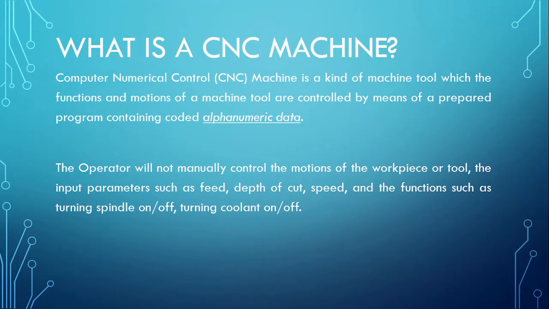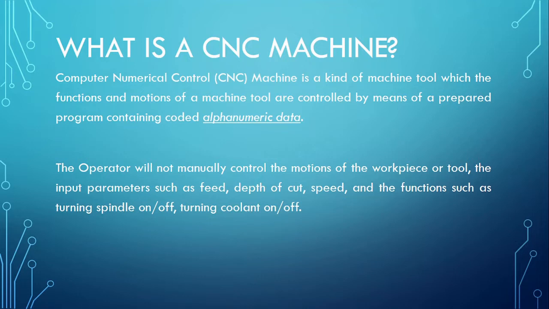What is a CNC machine? Now, before the introduction of automation into manufacturing, when a part is to be manufactured, machine tools are controlled manually by machine operators, which means every operation of the machine has to be dictated by the operator, particularly the feed rate, the depth of cut, the speed, and other functions that have to do with the spindle being turned on or turned off, coolant being turned on or turned off, are to be controlled manually by the operator of the machine tool.